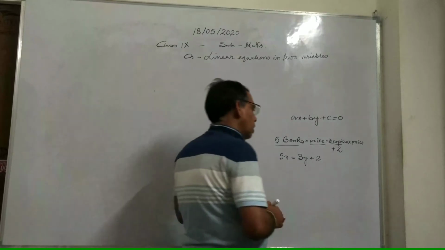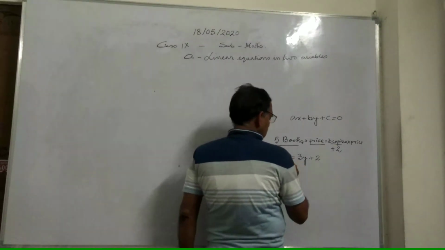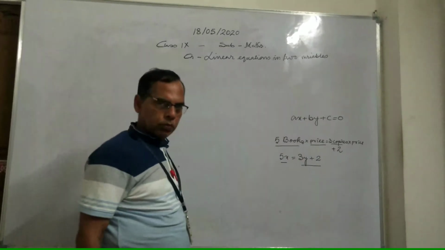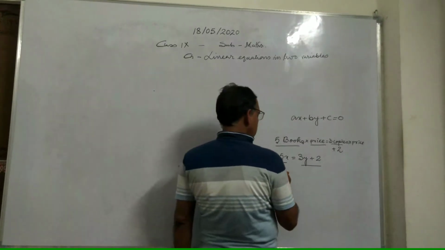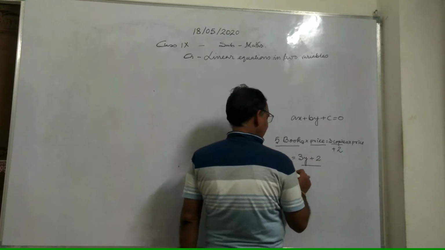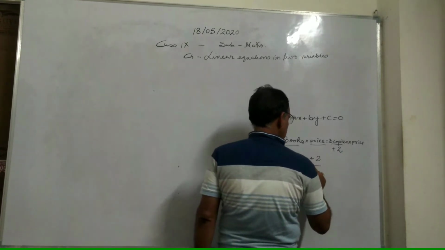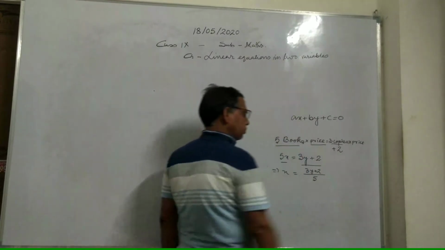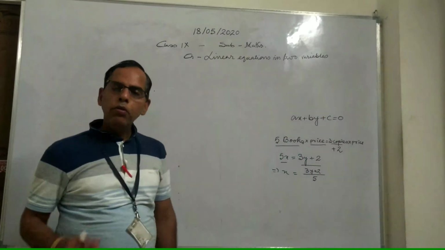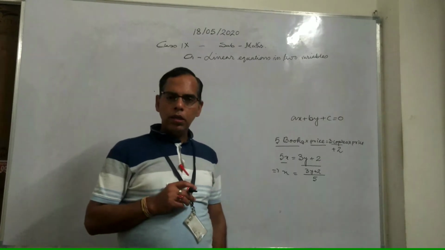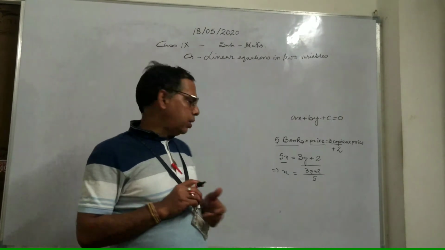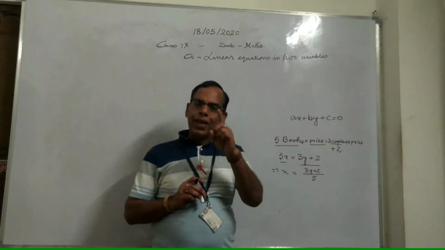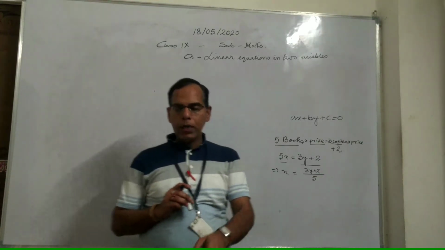Now see one thing, this 5x equal to 3y plus 2. If I modify a little more, that x equal to (3y plus 2) divided by 5, then what I have done actually, I expressed x in terms of y.